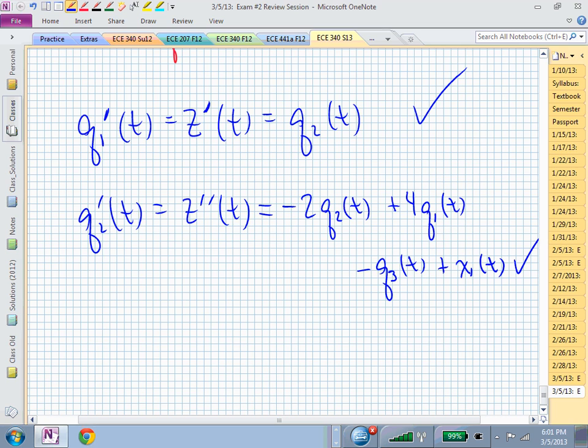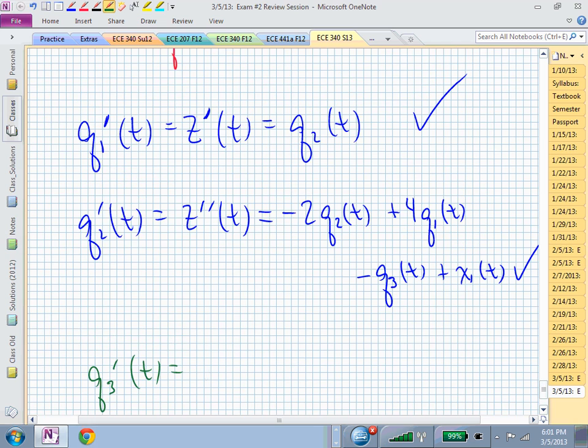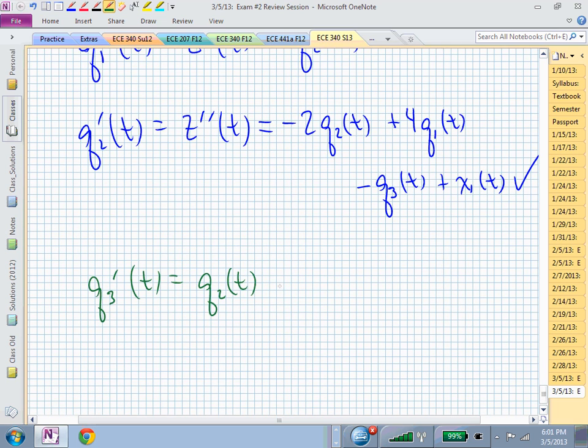What about q sub 3 prime? That was z prime, but z prime we have in terms of a state variable, that's q sub 2. And the other term is just an input term.